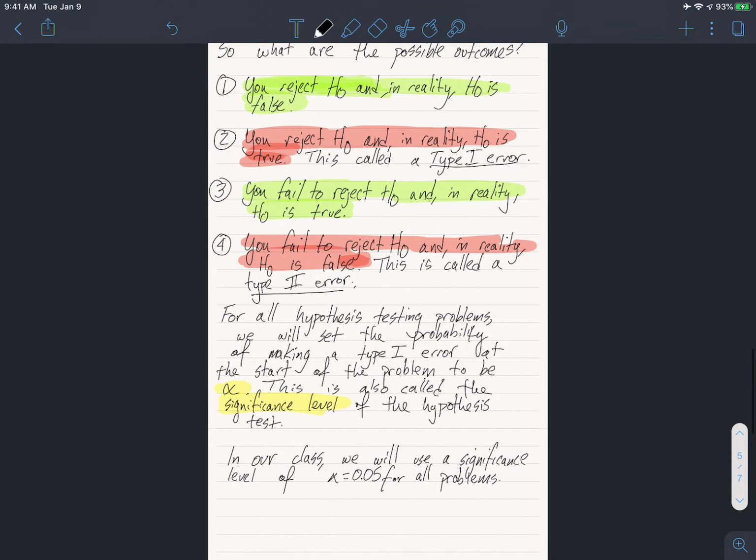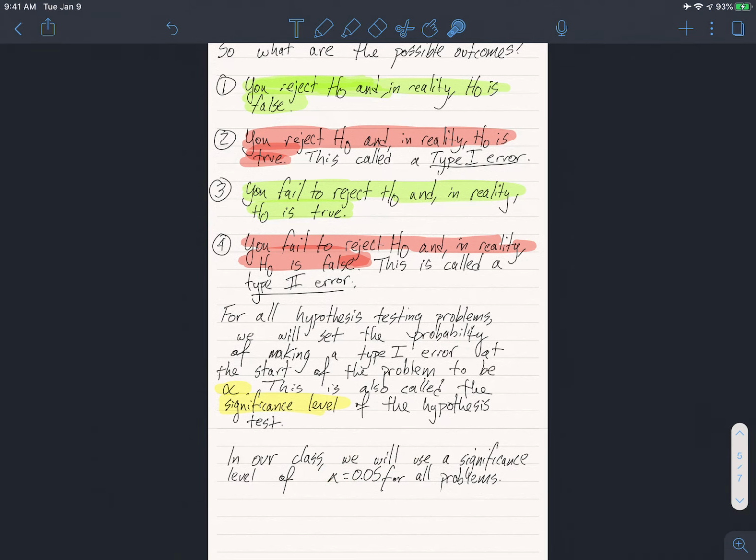So this significance level alpha, basically it's set at the start of the problem in real life to limit this possibility here, that you end up rejecting a hypothesis that is actually true. So you end up saying, no, Nick, I don't believe 42% of students get B's in your class, but that actually is the case. So you end up refuting the claim when it's actually true. So the probability of making this error is set at the start of the problem, and we're going to make it 0.05 to make things pretty consistent across the board.